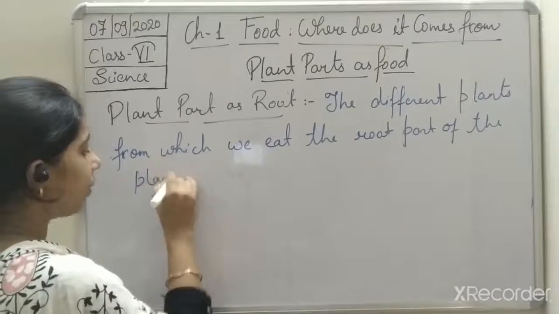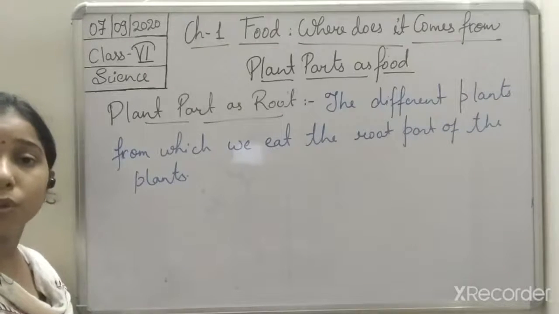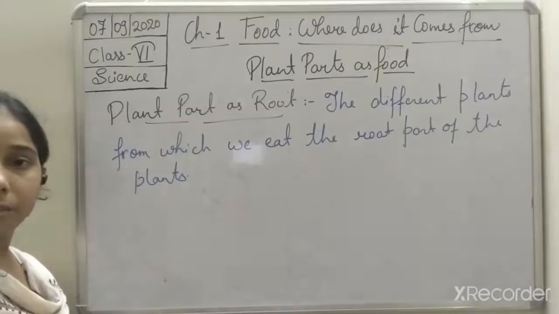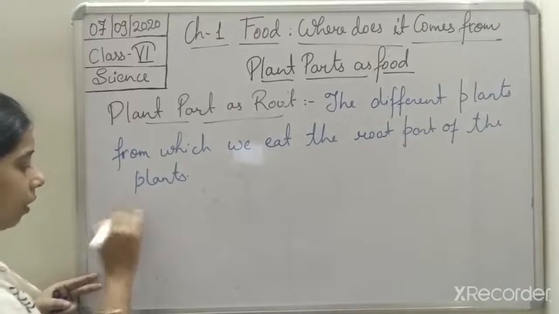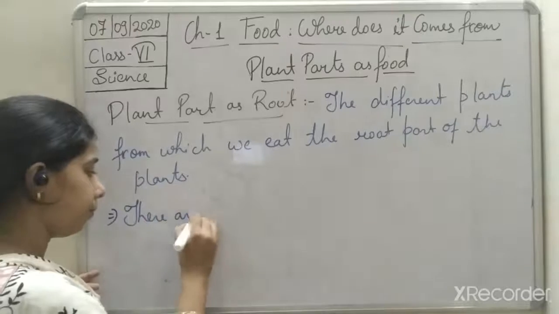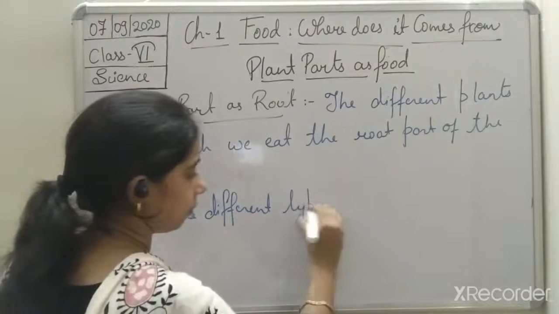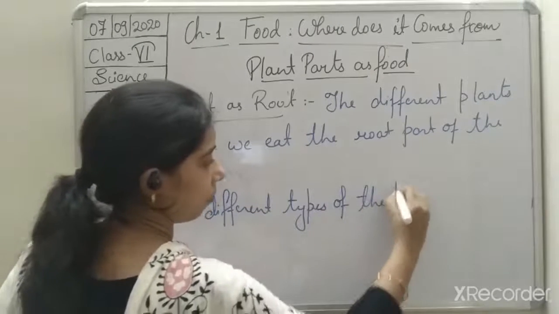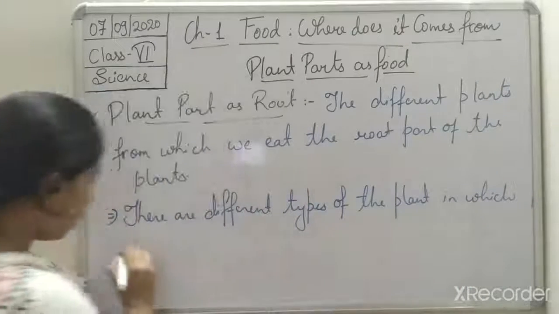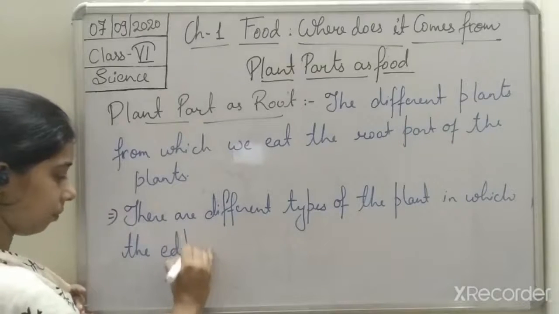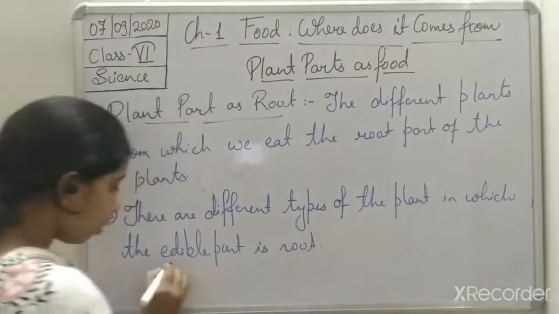In very easy language, we can say, students, that the plant in which we consume the root as an edible part, the edible part of the plant is the root, is what we are going to study in this. So here there are different types of plants in which the edible part is root.